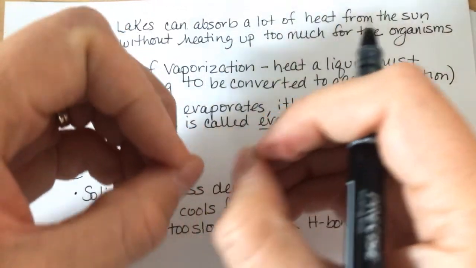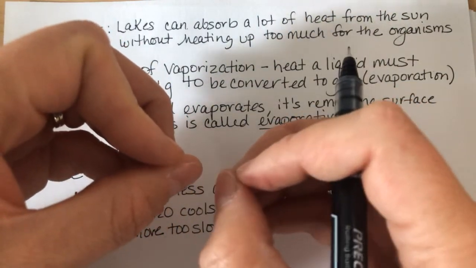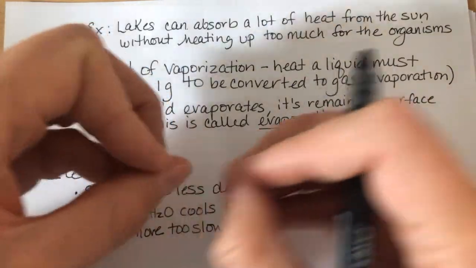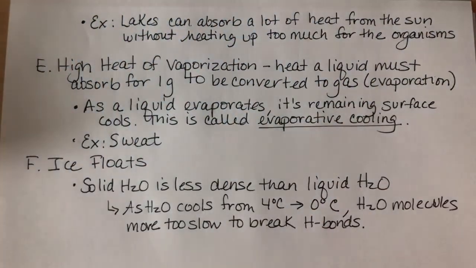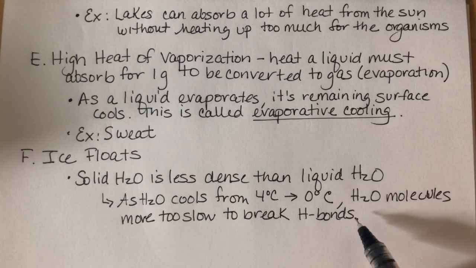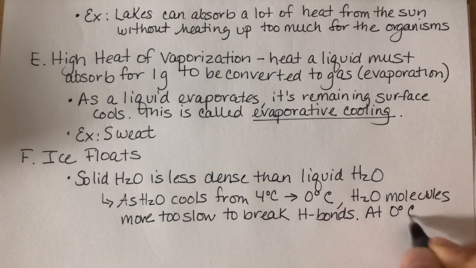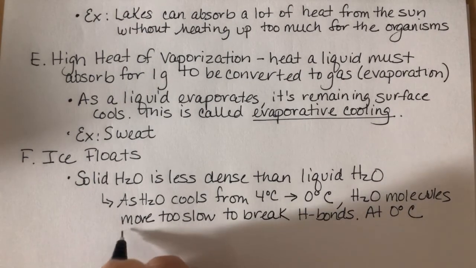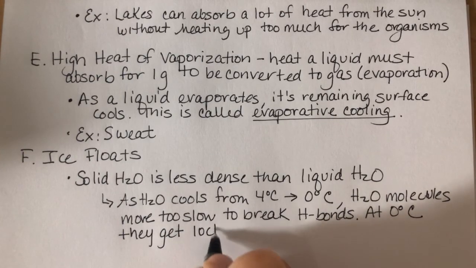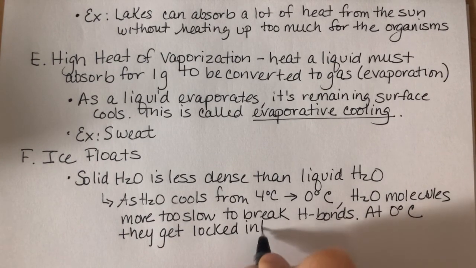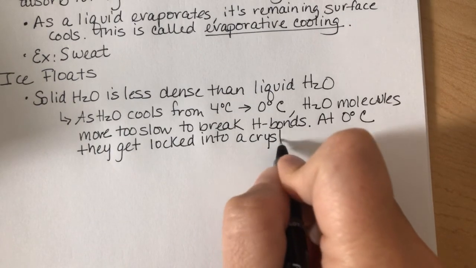So they slow down, they're not moving as fast. In liquid water, they're moving a little bit faster, so they can break and reform hydrogen bonds a lot, but not when they slow down. And so, let's write, at 0 degrees Celsius, they get locked into a crystalline structure.